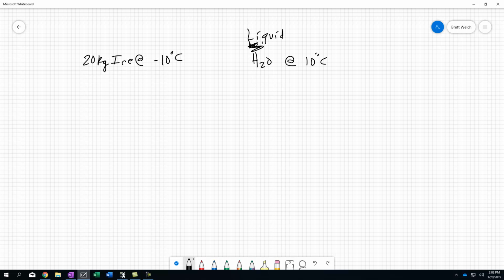So we want it to be not freezing, but not room temperature, right in the middle somewhere. As we do this, we have to recognize first that the ice is not going to turn into liquid water until it's at 0 degrees.